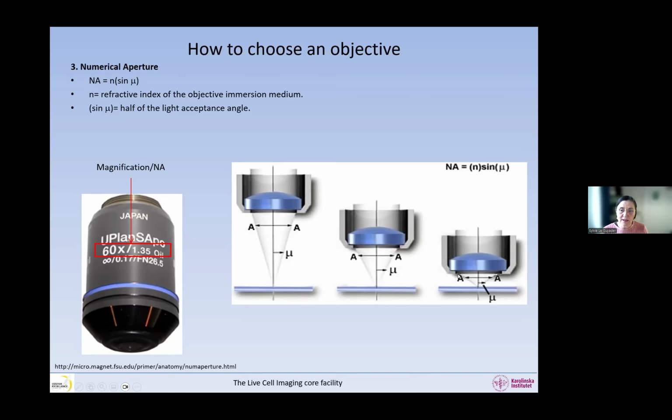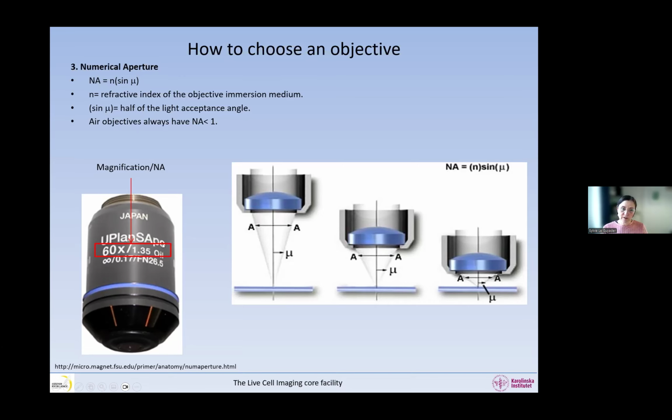And you can see here, if you have this objective, we have a very wide angle. So if we have a fluorophore here that fluoresces in all directions, a higher proportion of the light emitted by the fluorophore will enter the objective compared to here where we have a narrow angle. So this numerical aperture depends clearly on the refractive index of the medium that we use on the objective.